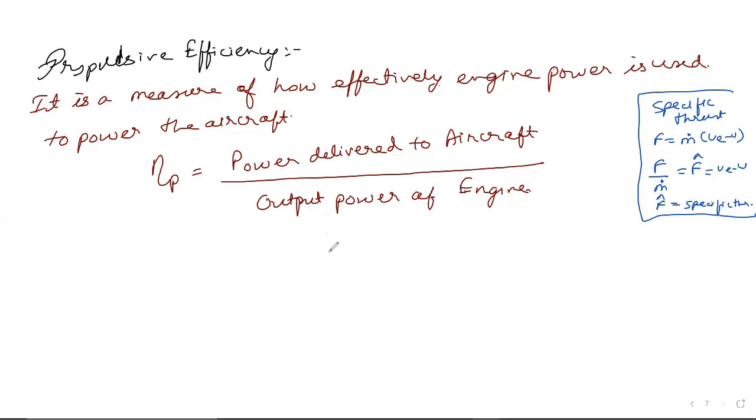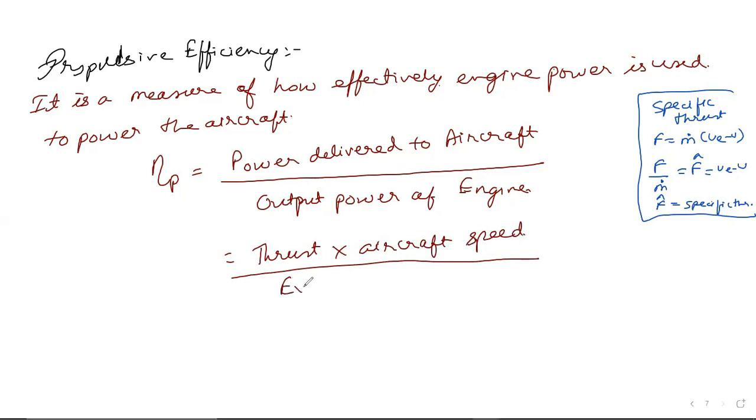Power delivered to aircraft formula is basically, power is what? Force into velocity. So force means thrust into aircraft speed. And how to calculate the output power of the engine? That means exit kinetic energy minus inlet kinetic energy.